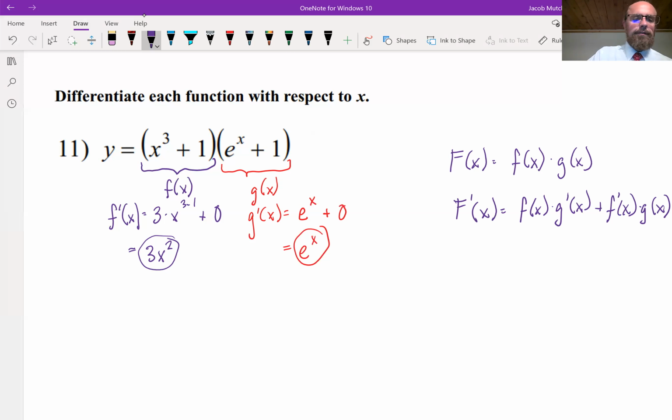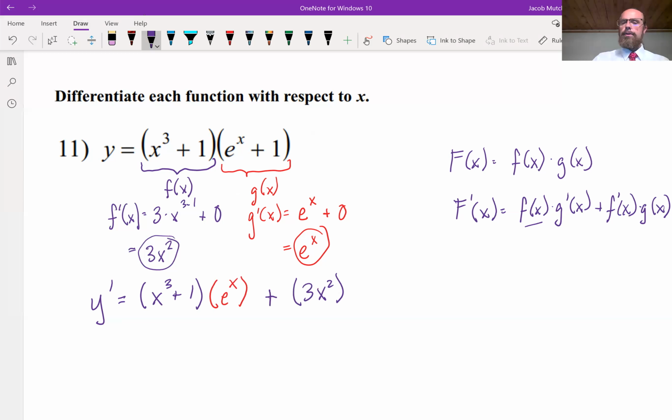So the derivative of my function y is going to be original f, so that's x cubed plus 1, times the derivative of g, which is, as we calculated, e to the power of x, plus the derivative of f, we calculated that to be 3x squared, times the original g of x, e to the power of x plus 1, og.